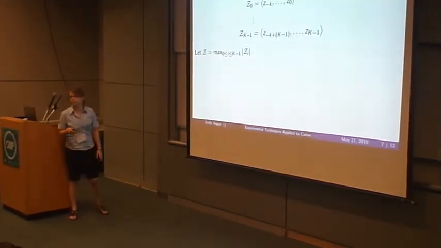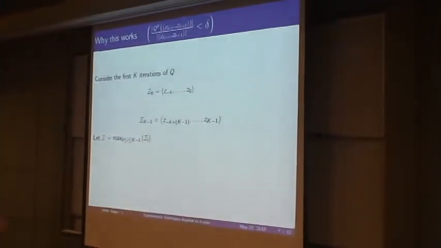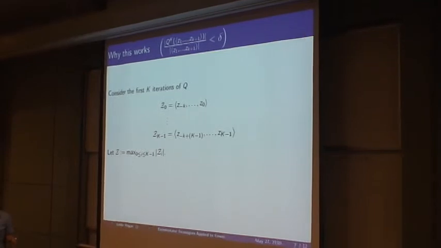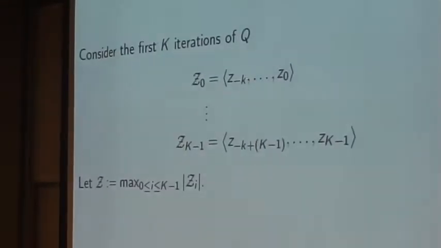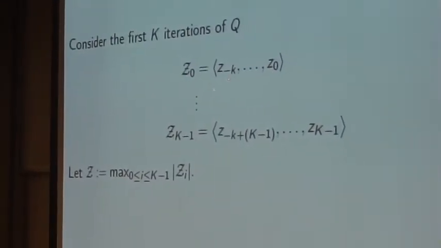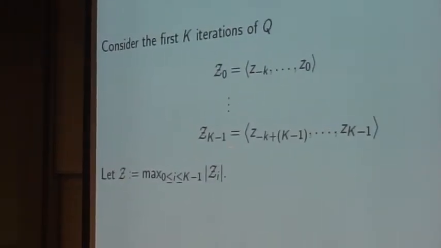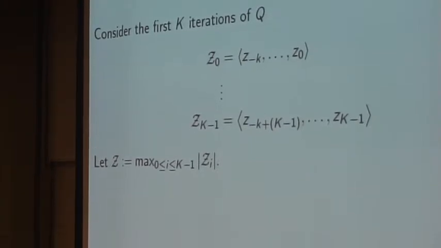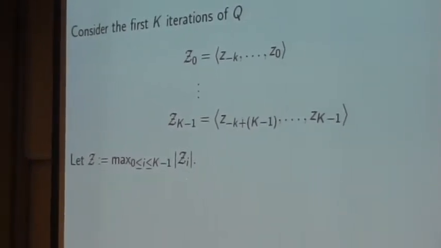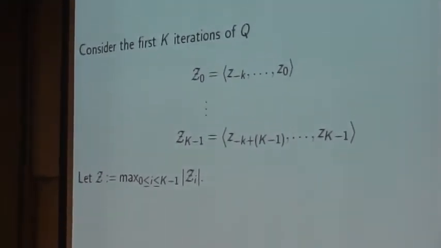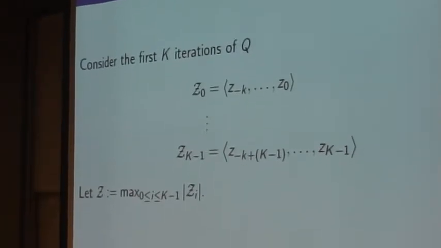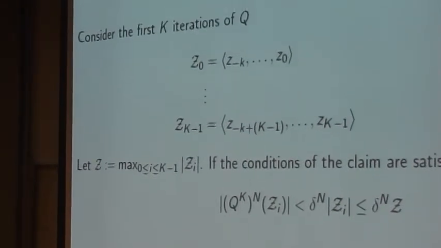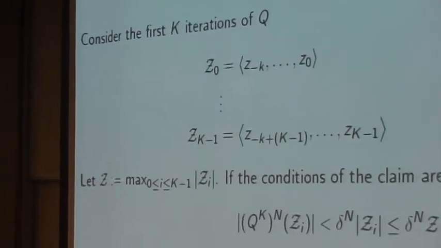All right, so you probably all see why this is true, but let me just explain it here. So let's consider the first k iterations of q. That is, we have the initial conditions and then all the way up to iterating q k times. And we're going to let this capital Z without the subscript be the maximum of the norms of all of these initial k iterates. All right, so if the conditions of this claim are satisfied, that I have up here still, then you probably agree that this is true.